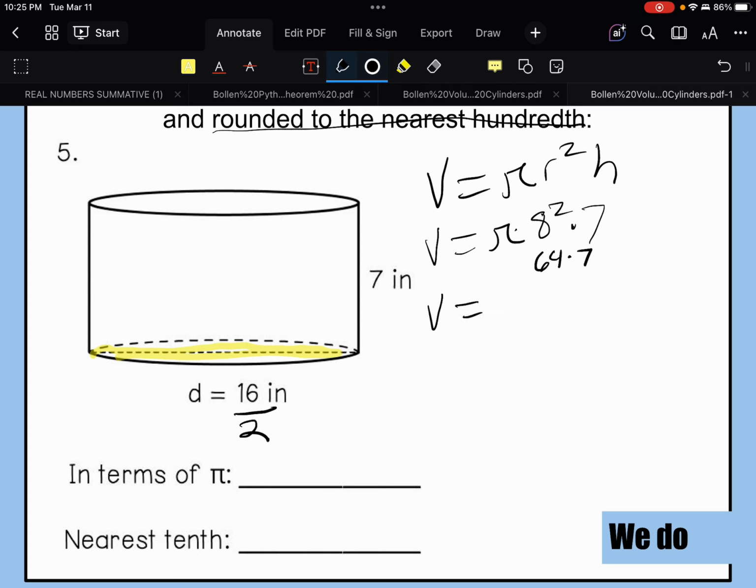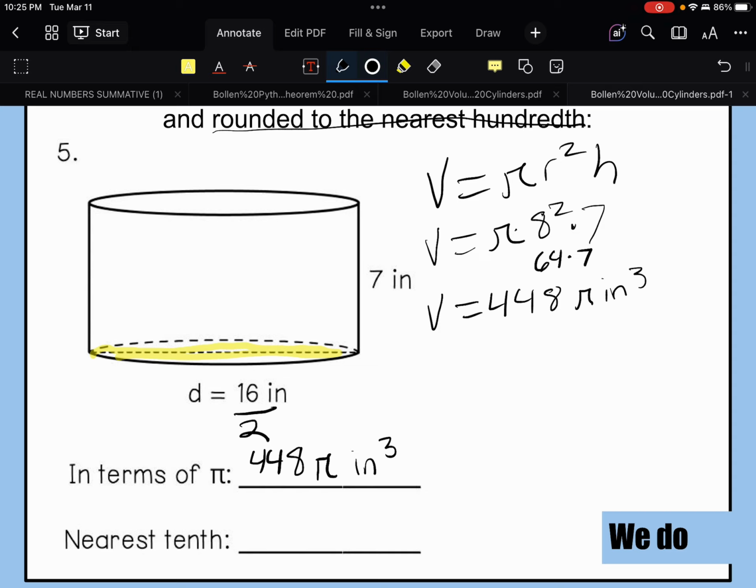So it'd be 64 times 7, which is 448 pi inches cubed.